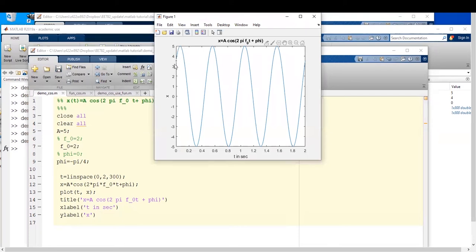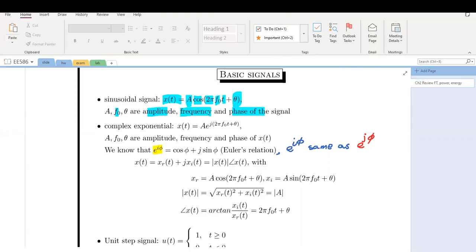When t equals 0, cosine of minus 45 degrees is also 1 over square root 2, so here is also 3.5. We can see it is 4 cycles as well, if we start from here and finish here. So 4 cycles in 2 seconds, so the frequency is 2.